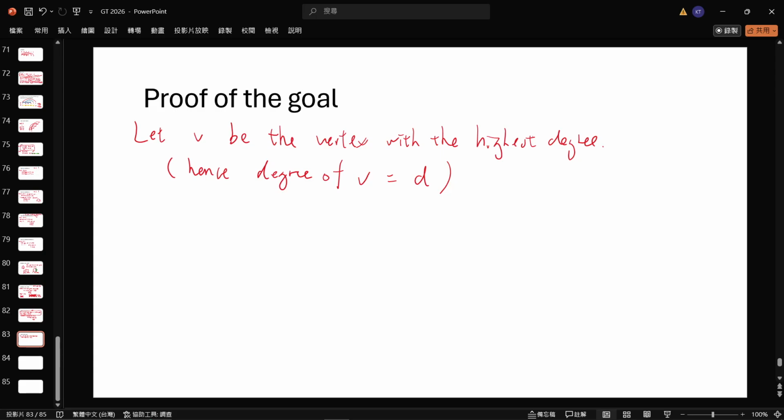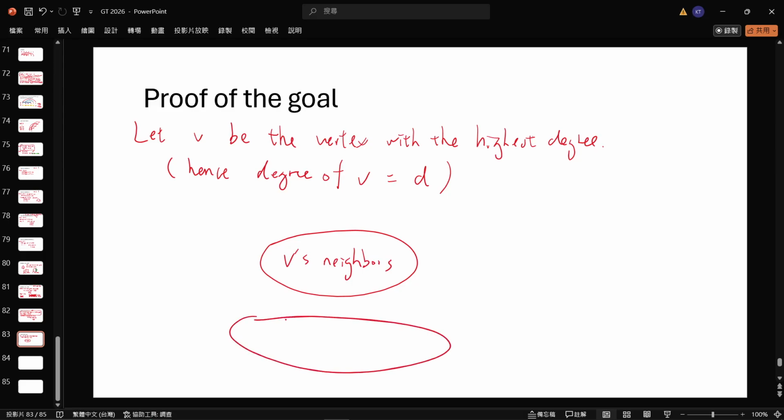Next I'm going to draw the graph. This is V's neighbors, and this is other vertices. So I divide the vertex set into two sets.